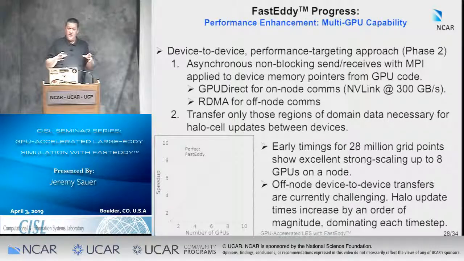Casper itself has what's called NVLink between GPUs, a 300 gigabyte per second bridge for data to go across. I'm not entirely sure, but I believe the path to a CPU and then consequently the GPU on another node has to go through PCIe, which is an order of magnitude slower.